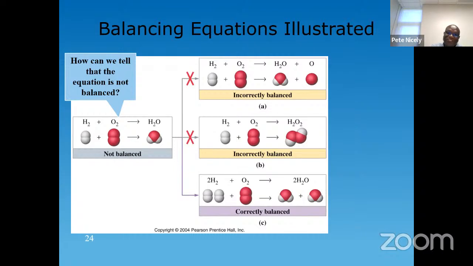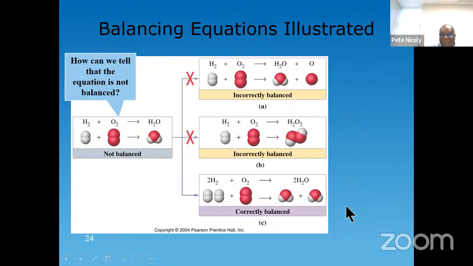According to Dalton's theory, the reason is that in any chemical reaction, the number of atoms of each element is the same in the reactants and in the products, because no atoms are created or destroyed as the reaction takes place. And that's what the balanced equation is supposed to represent.